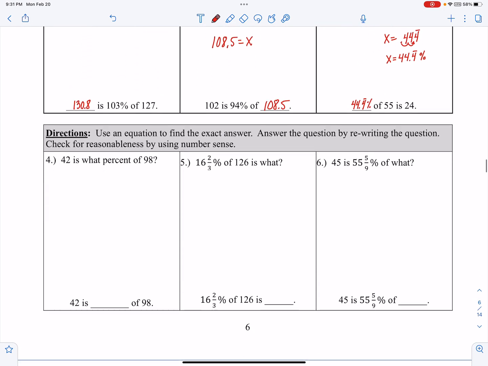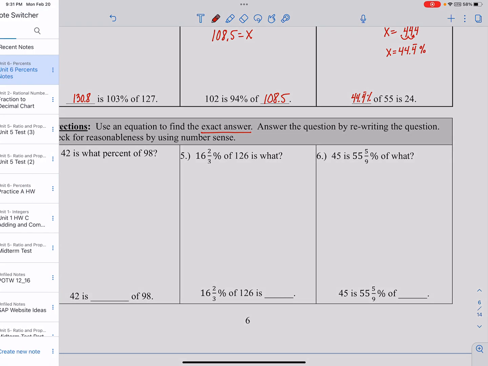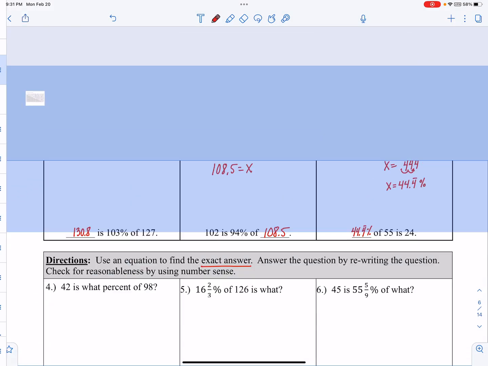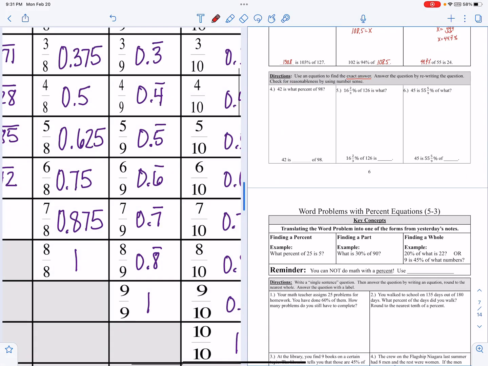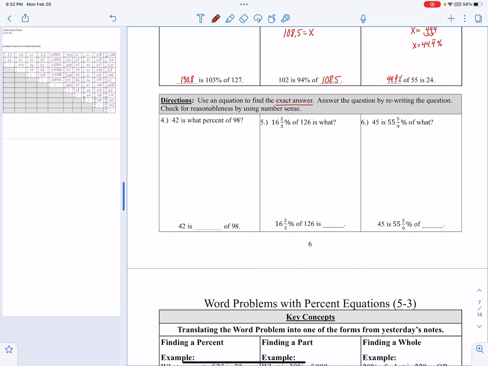All right, now the next ones we're going to have to give an exact answer, not a rounded answer. So we have some tricky fractions that we're going to have to deal with. Again, we're going to be referencing our fraction to decimal chart, so I'm going to bring that out. This is something you're going to want to have handy until you really start to remember some of these fractions.